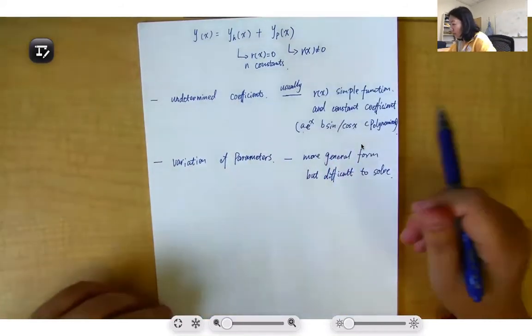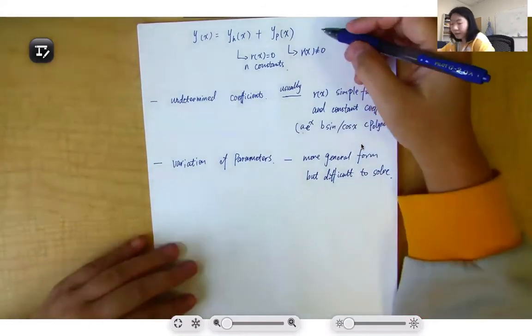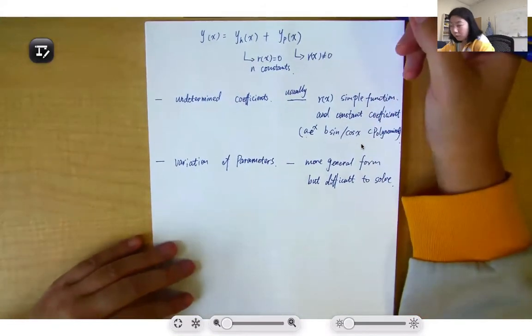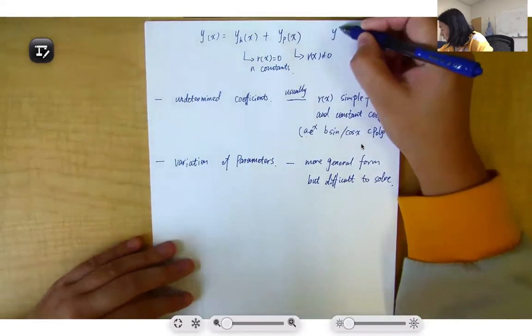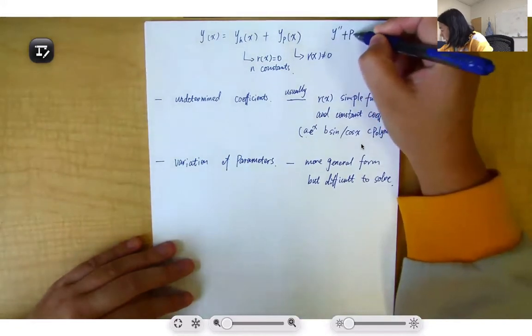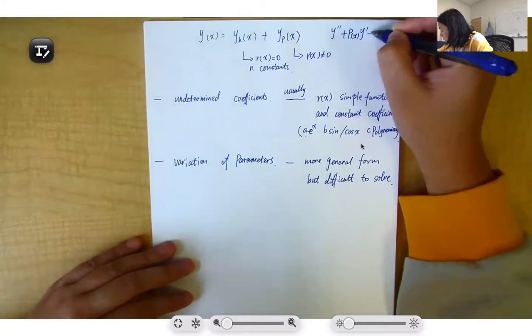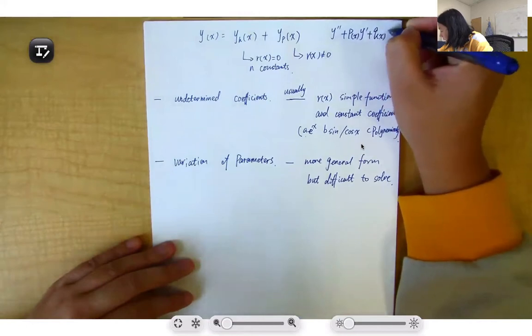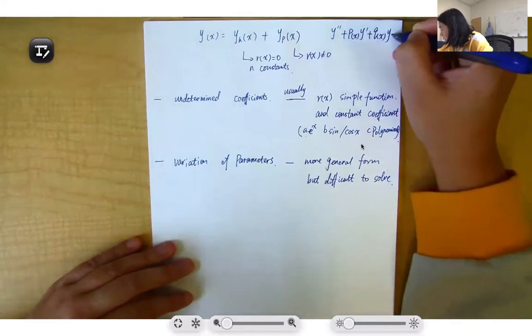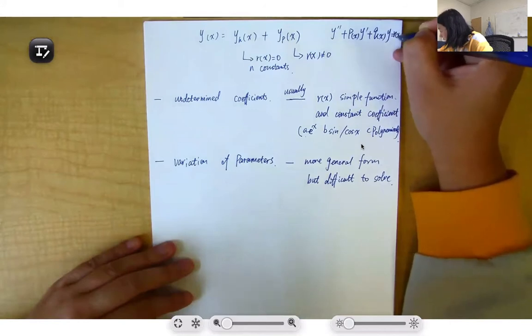So we will make our example a second order linear ODE. So it's y double prime plus p(x) y prime plus q(x) y equals a forcing function R(x).